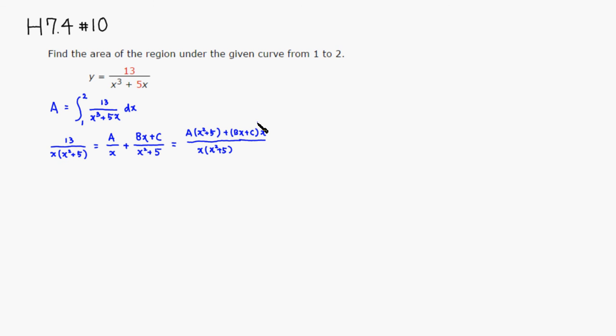Let's compare the numerators with the numerator on the right-hand side, so let's multiply out.